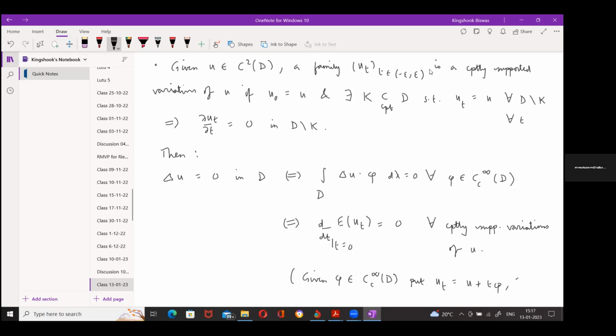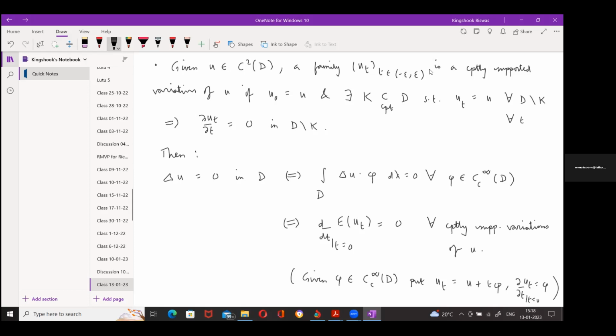So then del/del t at t equal to 0 of u_t will be equal to phi. And so if this derivative of the energy is 0, then the integral of Laplacian u times phi will be 0. So is this clear? Yeah, okay.